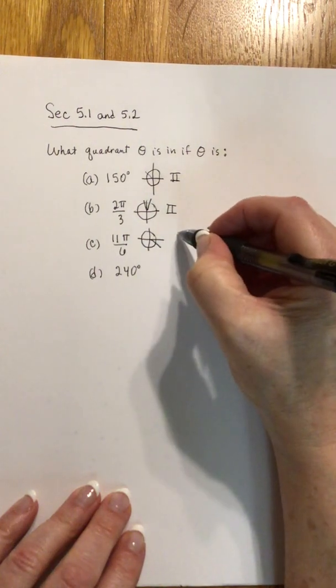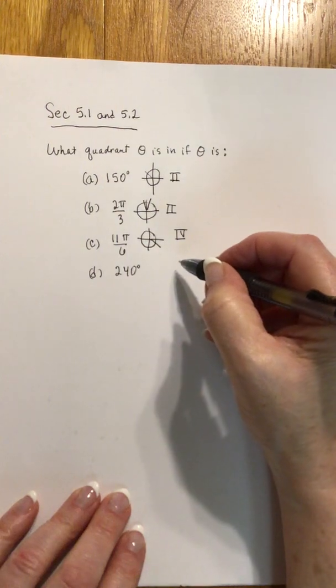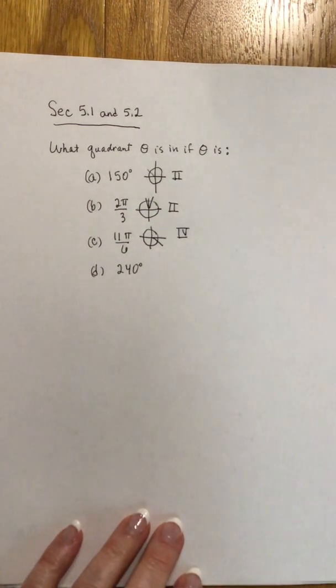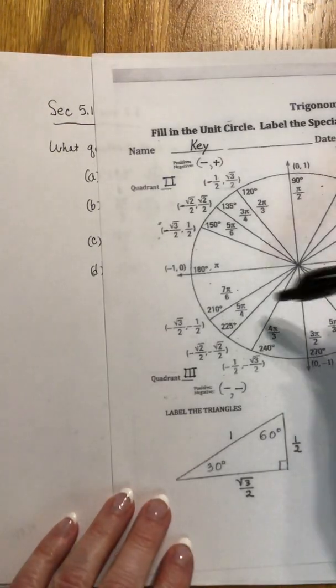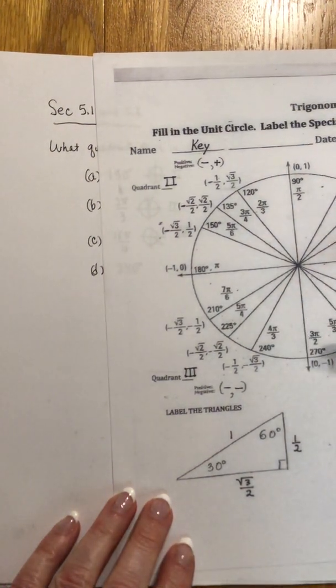So it's going to be here, which is quadrant 4. And then 240, if you look on the unit circle, is between 180 and 270. So between 180 and 270 is going to give us quadrant 3.